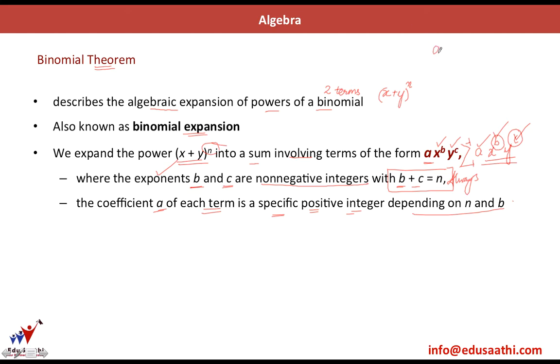So a that I'm talking about has to be a positive integer. This b and c, which are the exponents, can be 0 or positive, because I'm talking about non-negative. Non-negative means it can be the case of 0 as well. So 0 or positive, and the condition that you have to specify is b plus c is equal to n.